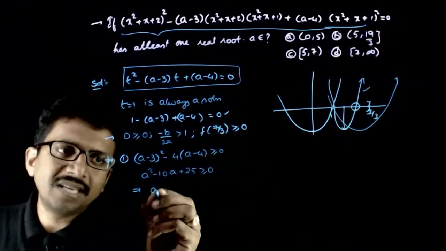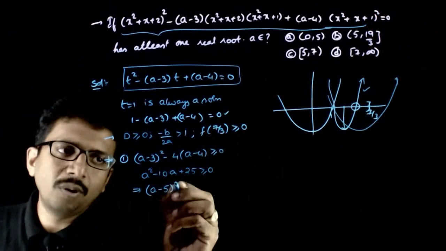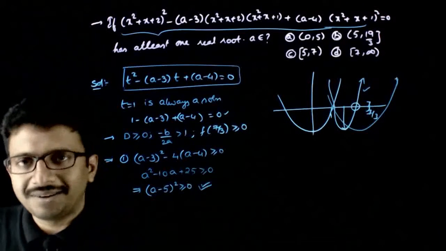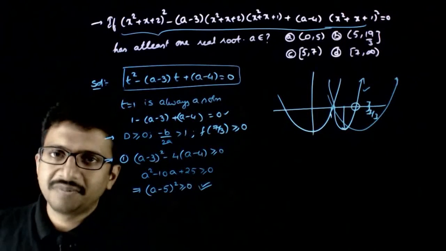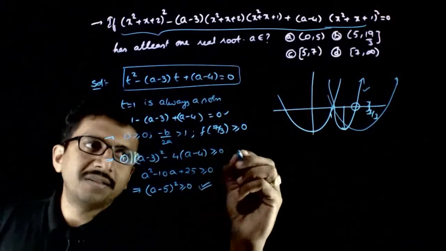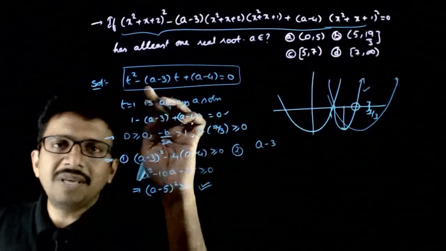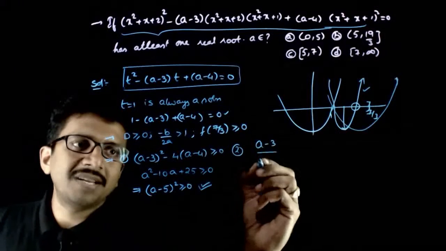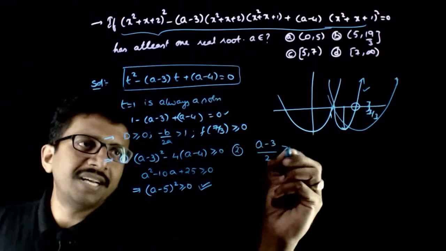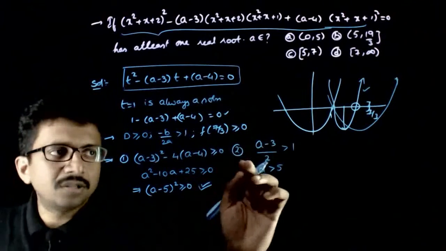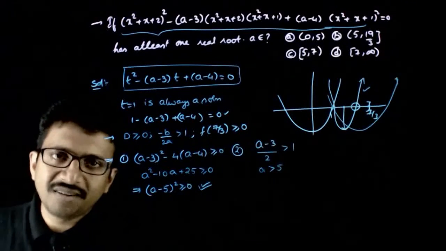This implies (a minus 5) whole square is greater than or equal to 0, which is always valid. In the second case, minus b by 2a: b is minus of (a minus 3), so minus b by 2a is (a minus 3) by 2, which is greater than 1. So a minus 3 is greater than 2, a is greater than 5.